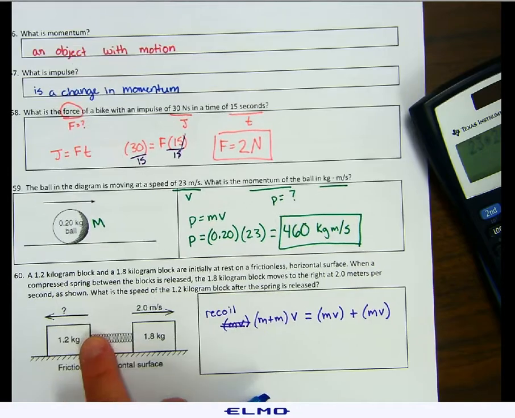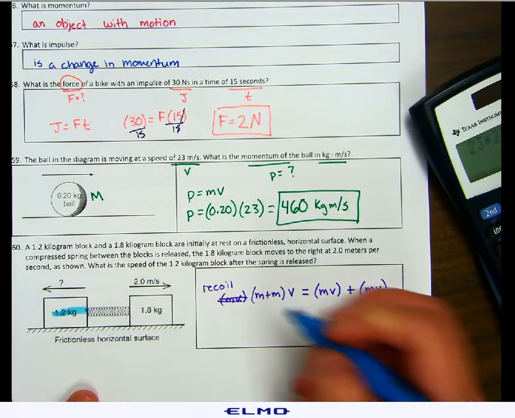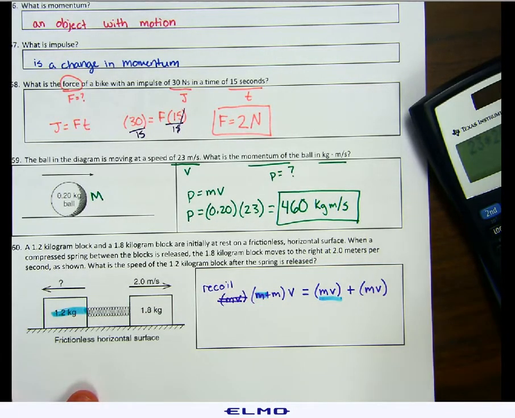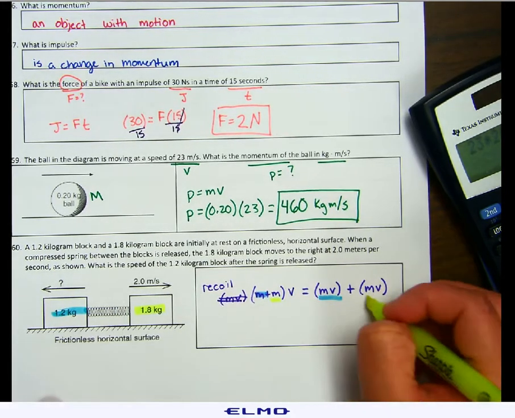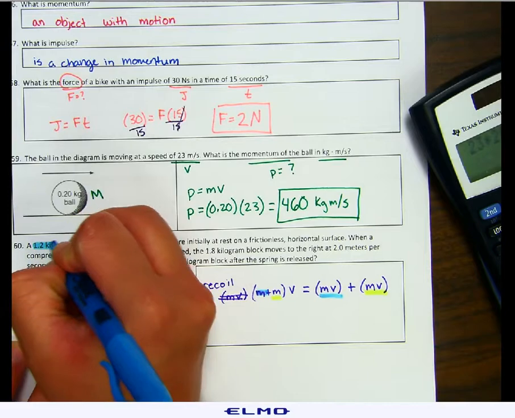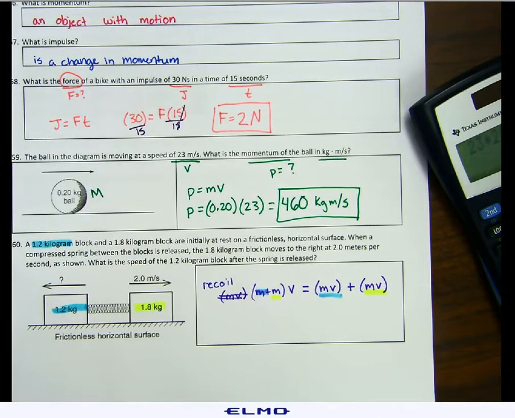For my first object in the picture, I'll use 1.2 kilograms. And for my second object, I'll use the 1.8 kilograms. So in my problem, I have a 1.2 kilogram block. That's my first object. And a 1.8 kilogram block.